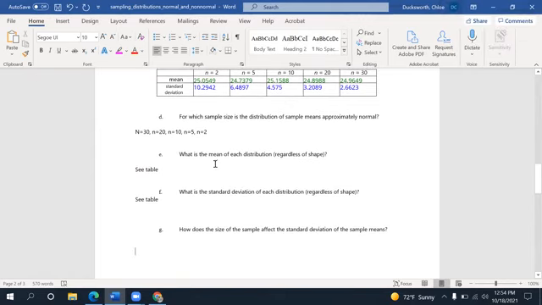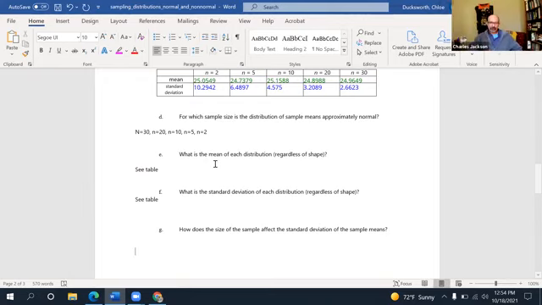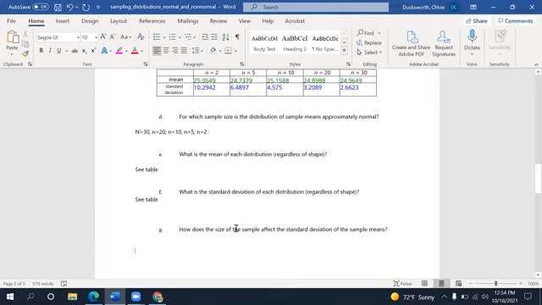As the sample size increases, the standard deviation decreases. Yeah.